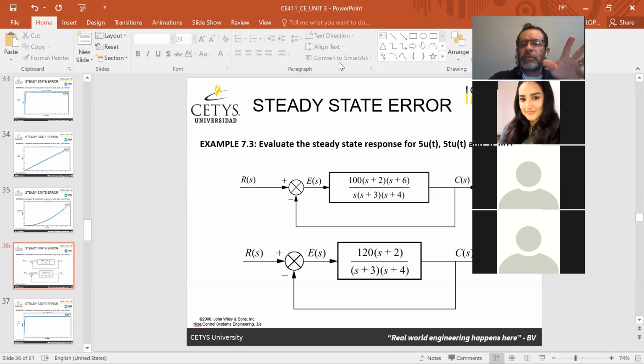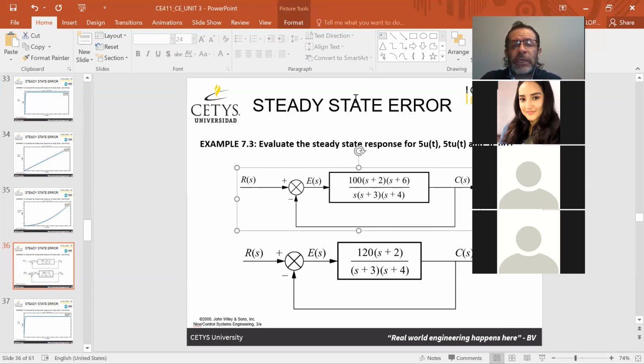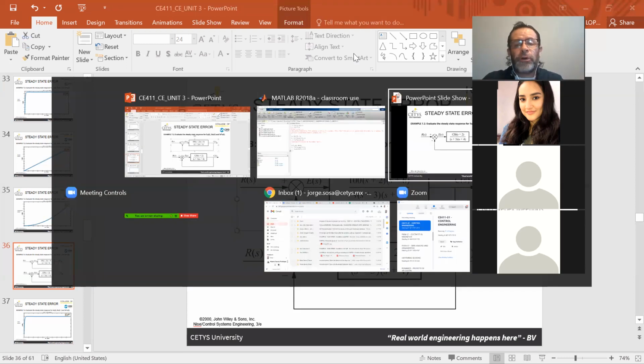I think Angelica also raised your hand. Let me stay with you, Angelica. Like Ariane mentioned, and you identified also, the second system, the 7.3, this one here, has a higher order.